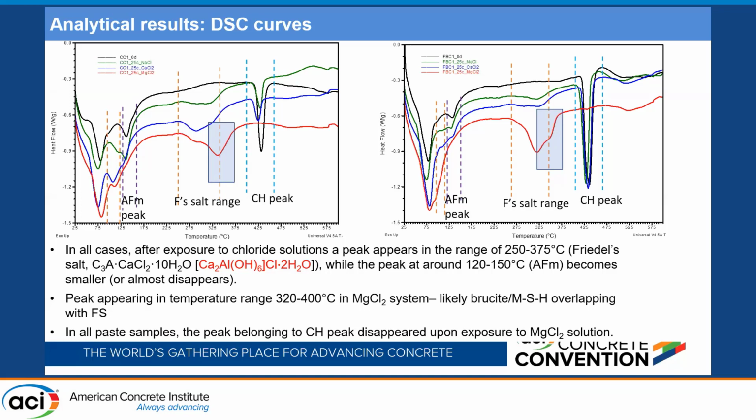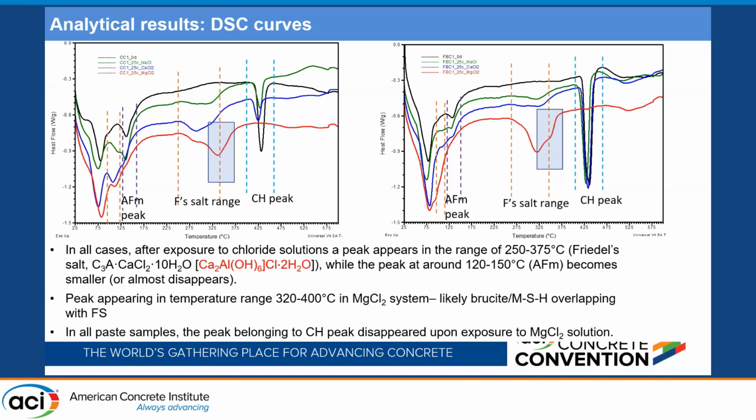Here also, from 100 to 125, there is a first decomposition range that also belongs to the Friedel salt. So the first feature is the Friedel salt formation, and if we compare from sodium chloride up to, for example, calcium chloride, in the case of sodium chloride the peak is larger.